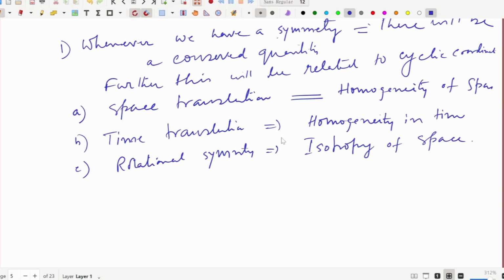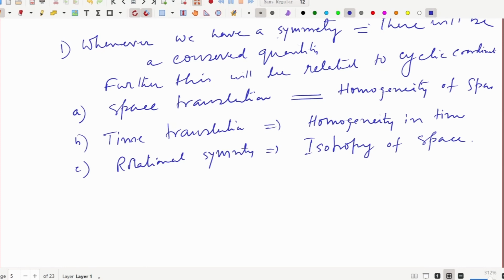Here I want to mention there is a theorem, most generally taught in quantum field theory, which talks about symmetries and conservation laws, and that theorem is known as Noether's theorem.